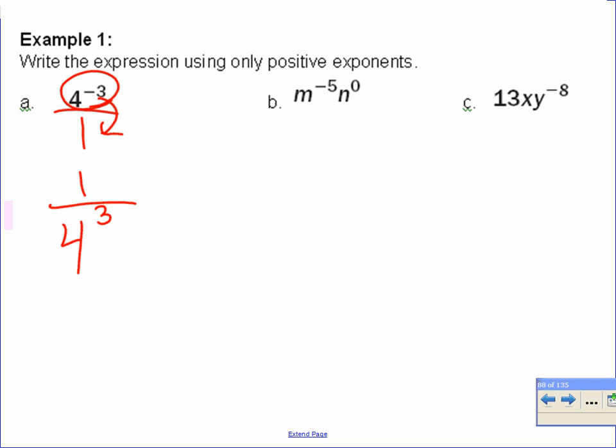Okay, letter B. The very first thing I want you to do is put a 1 on the bottom. Let's get rid of the negative exponent first. Circle the power that has the negative exponent. Draw an arrow to the denominator. So we have n to the 0 over m to the 5th. Now what? After we move the negative exponents, Briar.